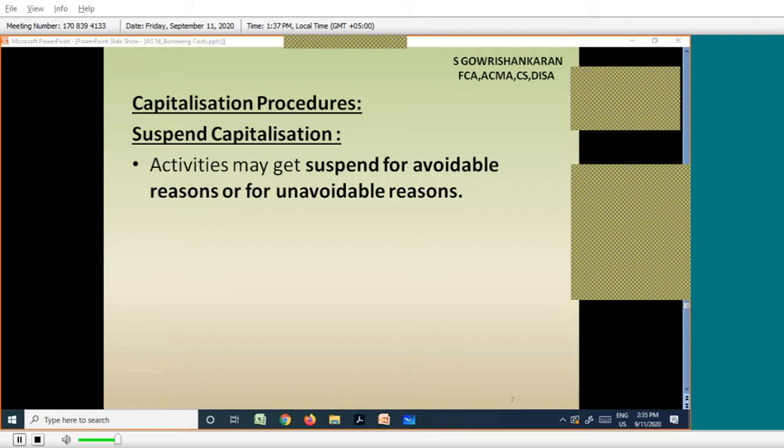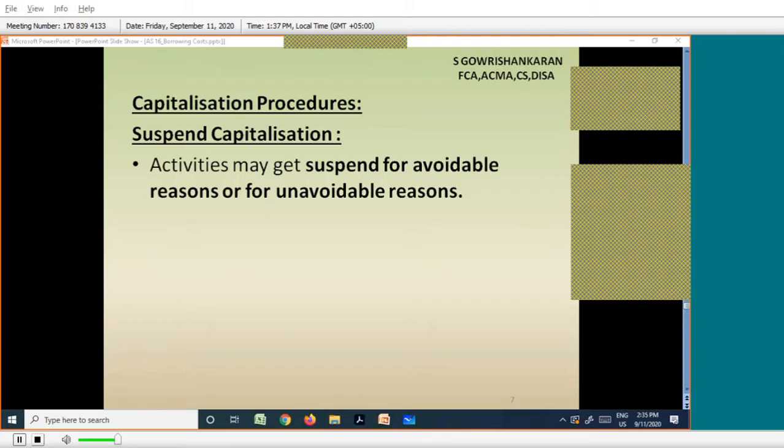You have to debit interest into a penal account immediately. All these things are case law oriented. If you are suspending your project due to an avoidable reason, then don't capitalize the interest. Rather, debit the interest into a penal account.